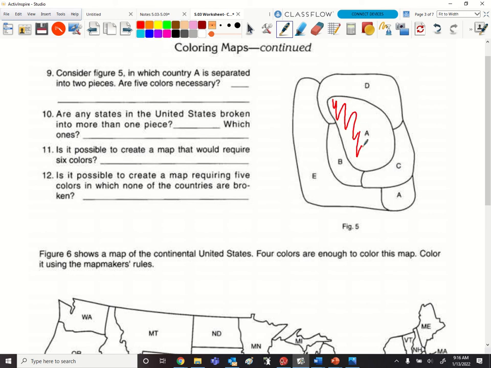So I would give this one a red. Wait, it said it's cut into 2 pieces. I know. This one's red. But A is also over here, right? Oh, there's the A right there. Yeah, so that means it's in 2. So that means that A is touching B, C, D, and E, right?